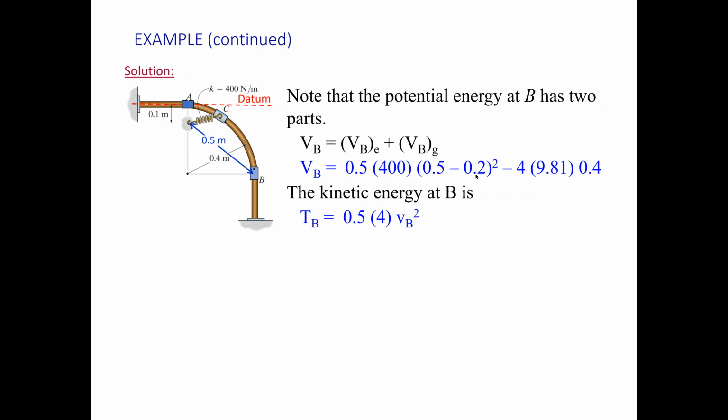So here's our unstretched, it's 0.2. And 0.5 is our final stretched length of our spring. So here's the difference between the two. So this represents essentially the energy stored in the spring. And here's the gravitational energy. And the last part is the kinetic energy, right? We don't need to know what this is at this point yet.